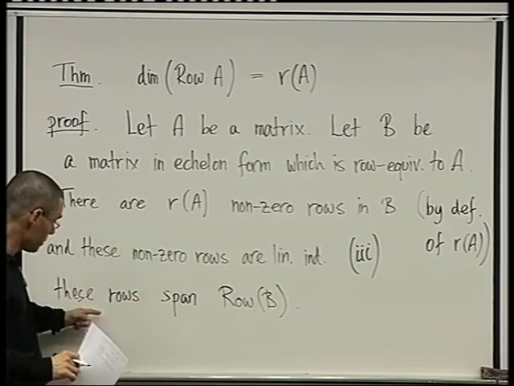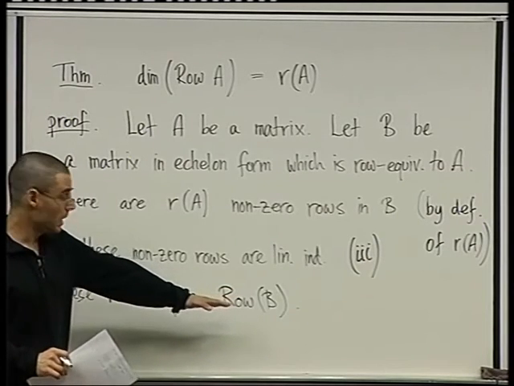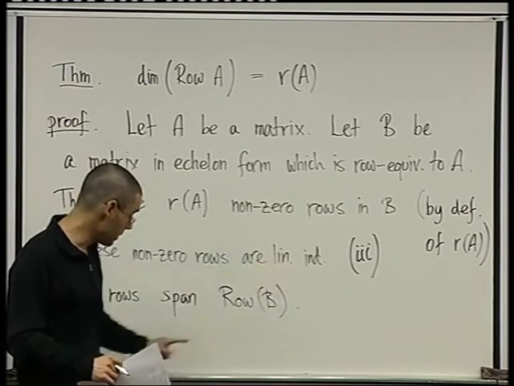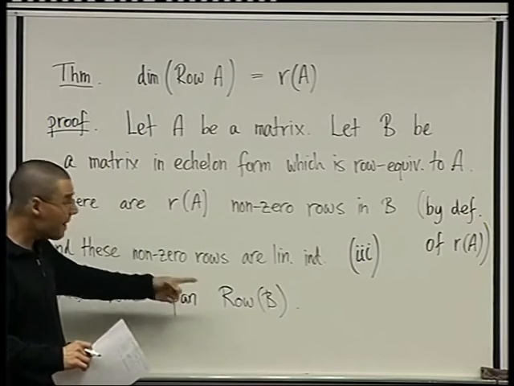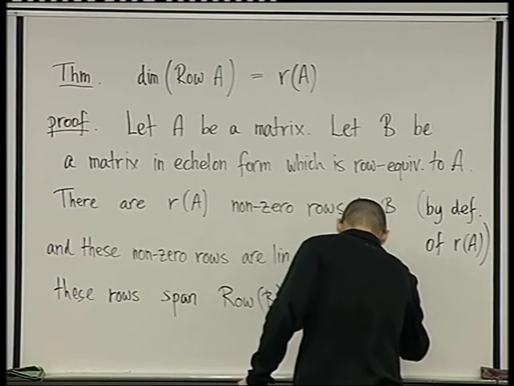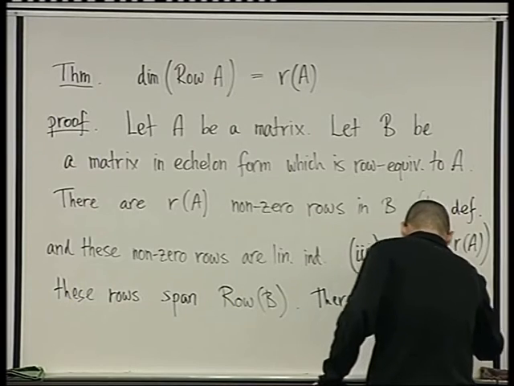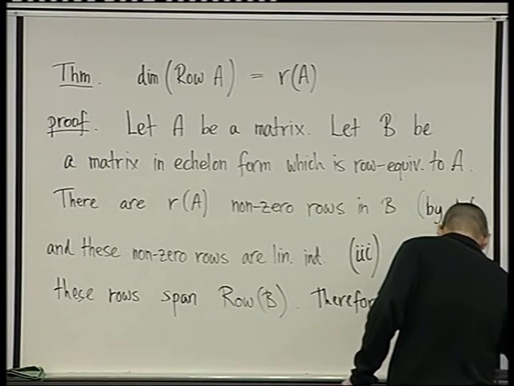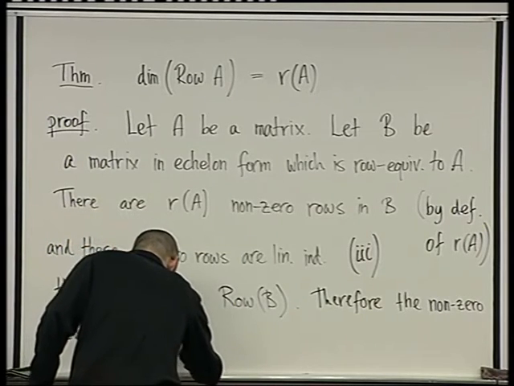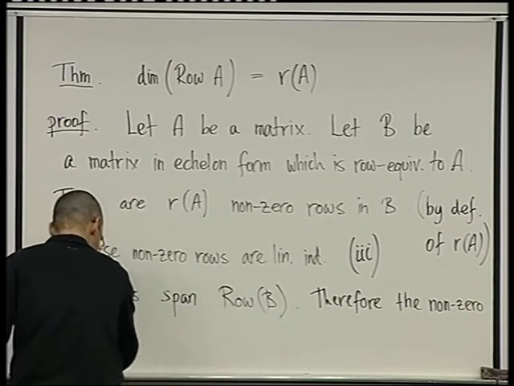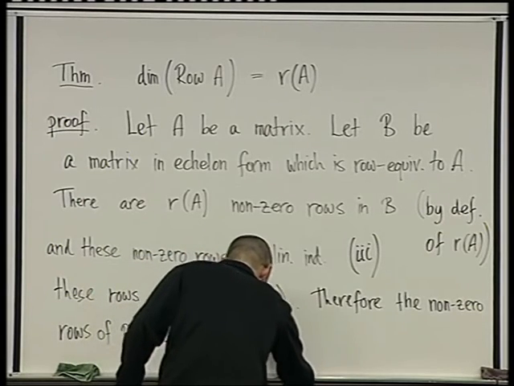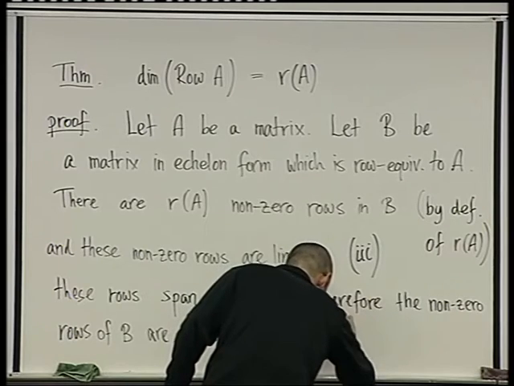So the non-zero rows already span row of B and they're linearly independent, so in fact these non-zero rows are a basis for row of B. Therefore, the non-zero rows of B are a basis for this space row of B. Do you agree?